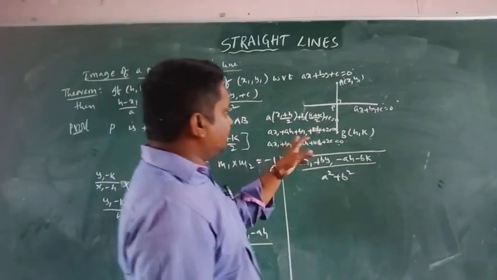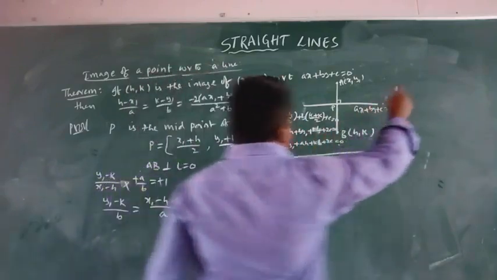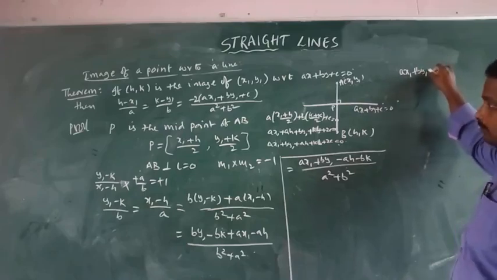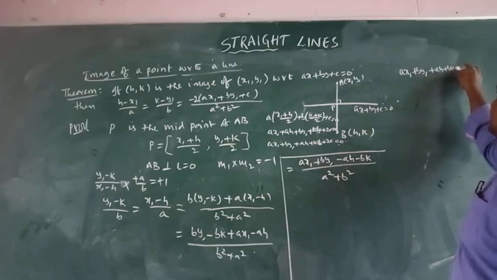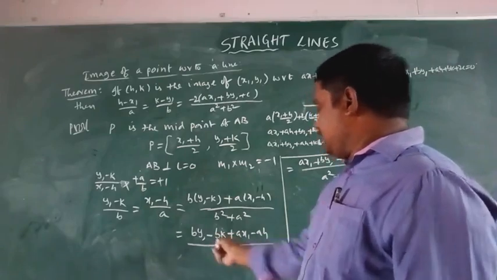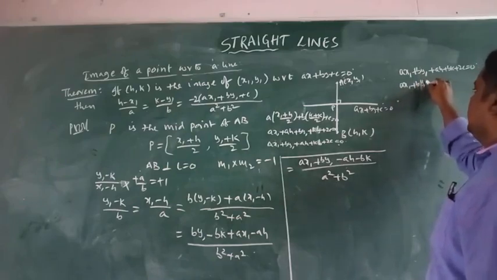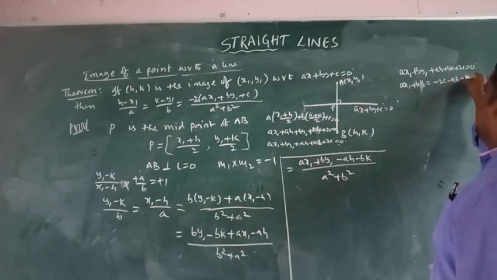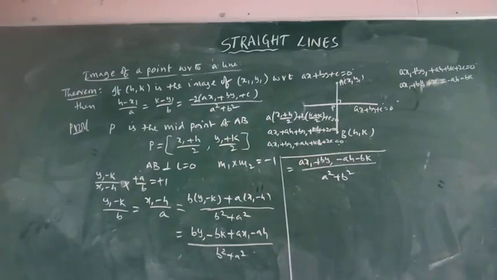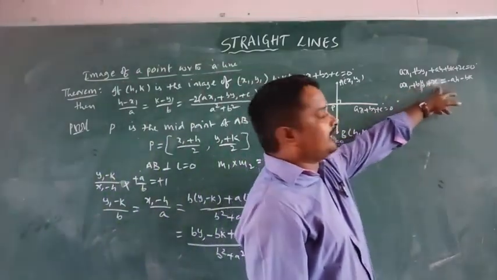See, already we know that this P satisfies this, which we calculated before. From this, that is ax1 plus by1 plus ah plus bk plus 2c equals 0. So here, the ah plus bk value: ax1 plus by1 equals minus 2c minus ah minus bk. So in place of minus ah minus bk, we may write ax1 plus by1 plus 2c.